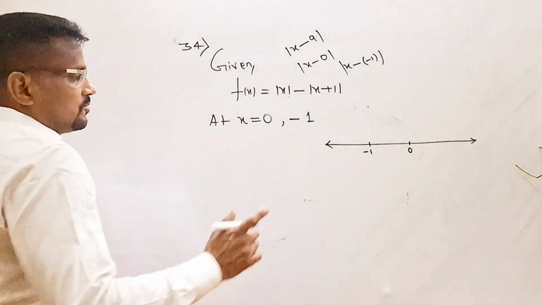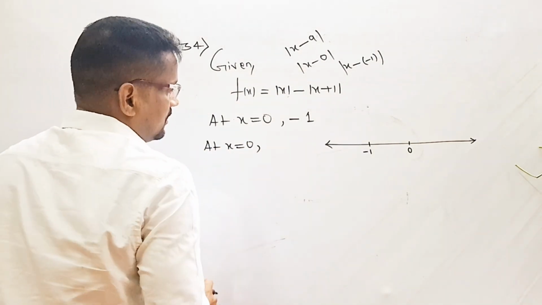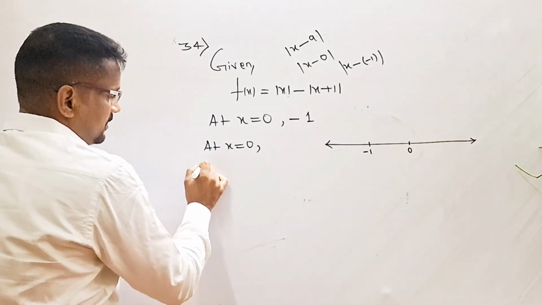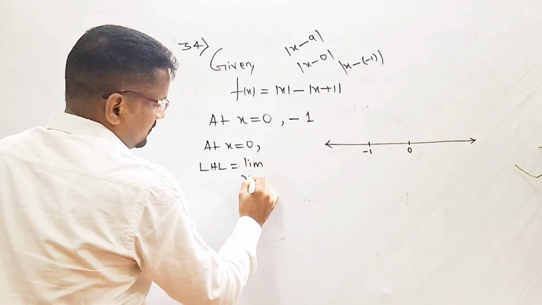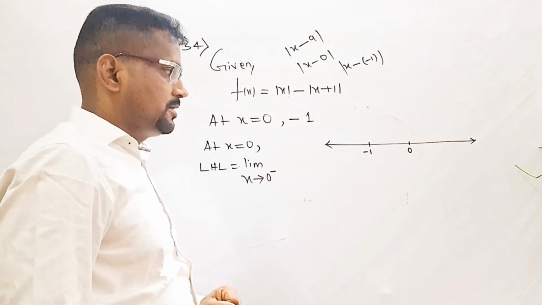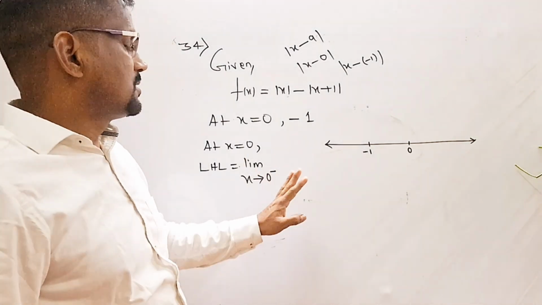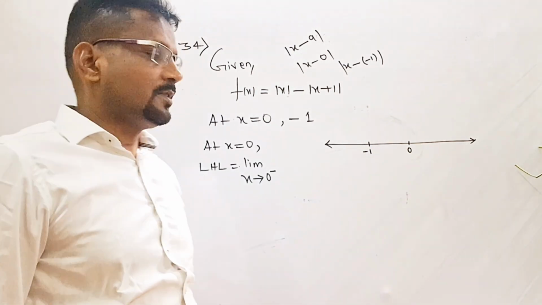So first of all, one by one, say at x equals 0. In this case, you find the left hand limit. Left hand limit equals limit x tends to 0 negative. When we say x tends to 0 negative, it means the value of x approaches 0 from the left side.